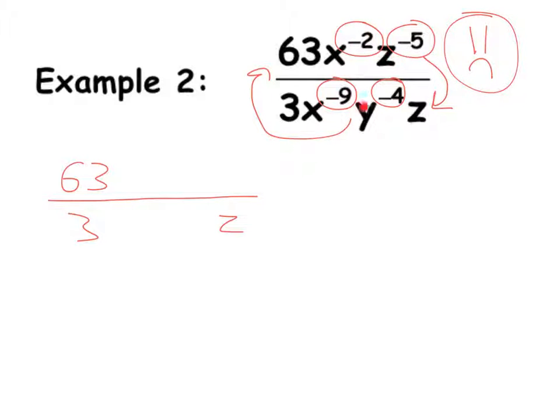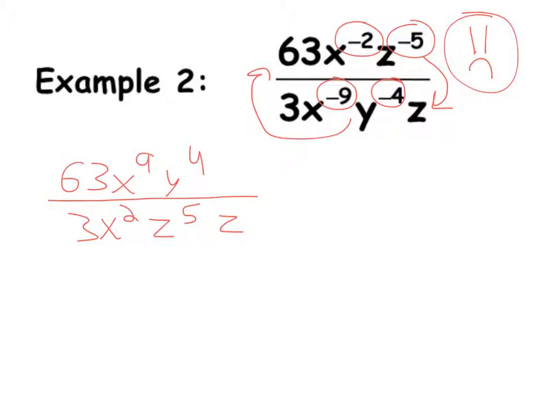Everything else is going to get flip-flopped. So, what's coming up from Florida? X to the 9th, and y to the 4th power. And what's going to come on down? X squared and z to the 5th.